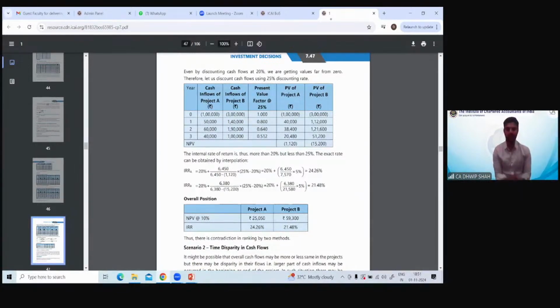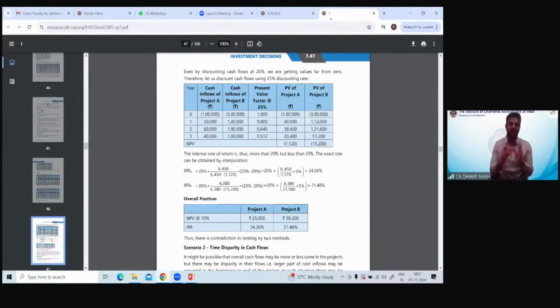Are you understanding? Right now, we are learning just the different situations where conflicting results arise. And as I told you, if the question asks you to select one of them, then we will prefer the NPV technique, because we are more concerned with our desired rate of return rather than which project has the maximum capacity.